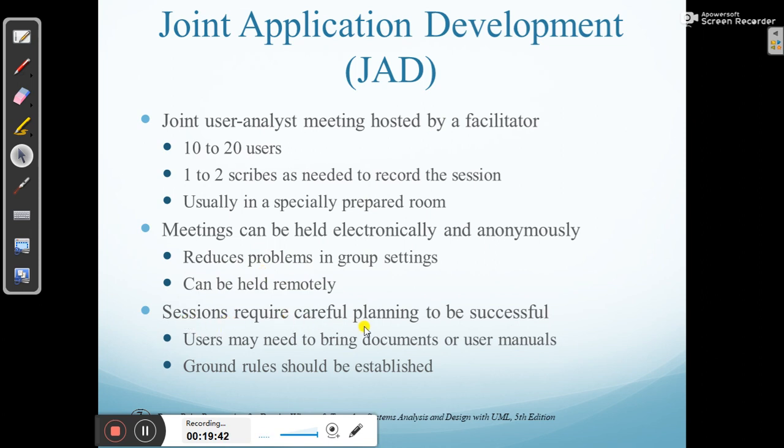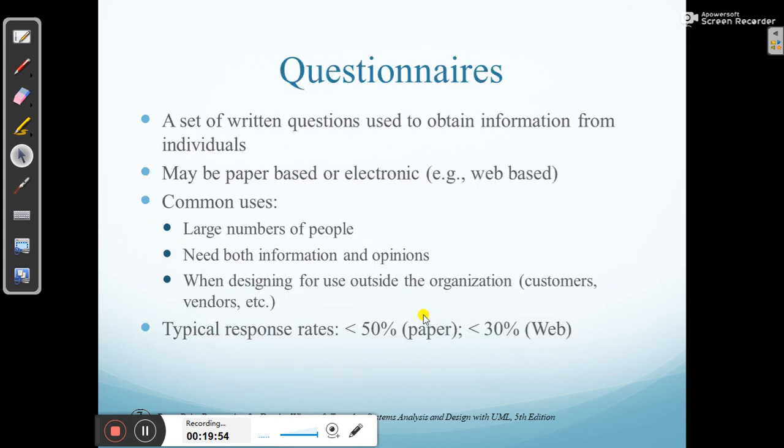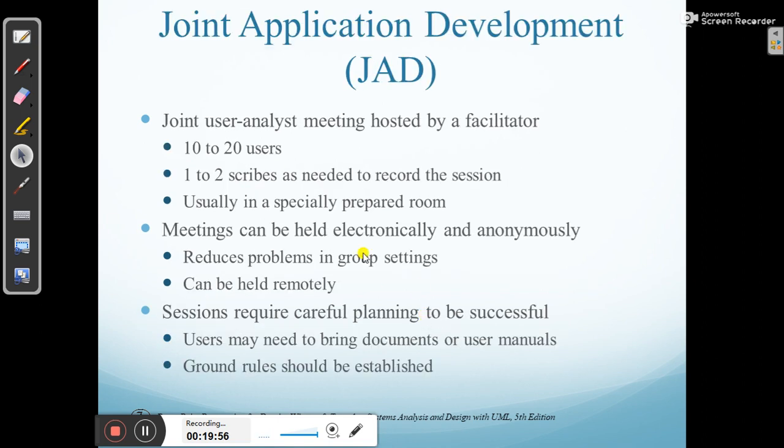Sessions require careful planning to be successful. Users may need to bring documents or user manuals as per requirements. Ground rules should be established. This is the way you can hold a meeting with the users to know the requirements of your system.